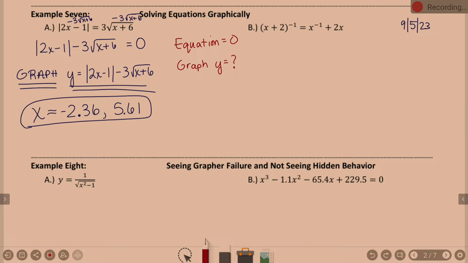And then from that point, you look for your x-intercepts. Fancy word for x-intercepts that your calculator is going to be able to find is you're going to look for your zeros. Okay, so that's kind of some steps. If you need some steps of how the heck did we just do that, that's what we just did.